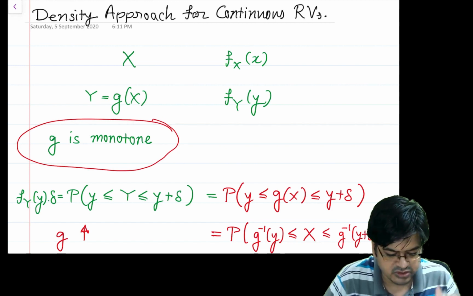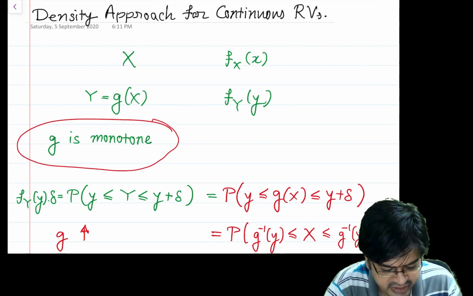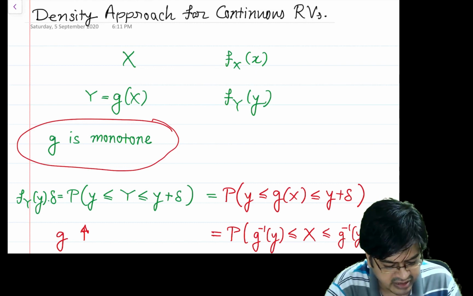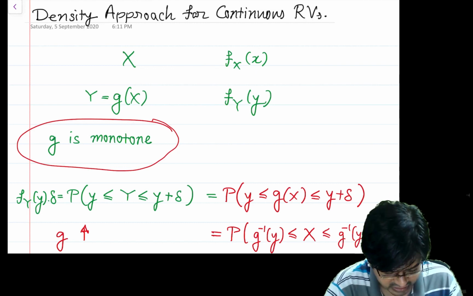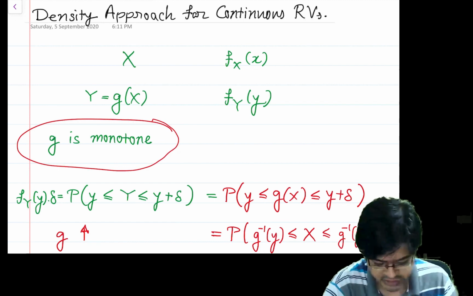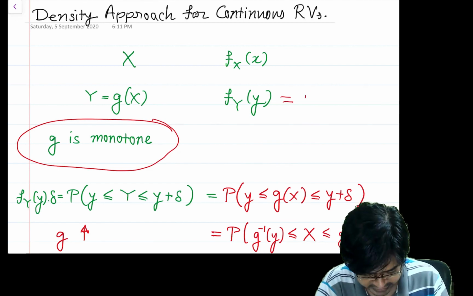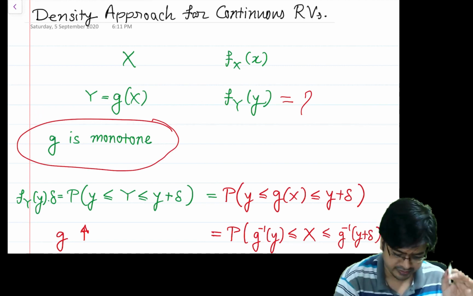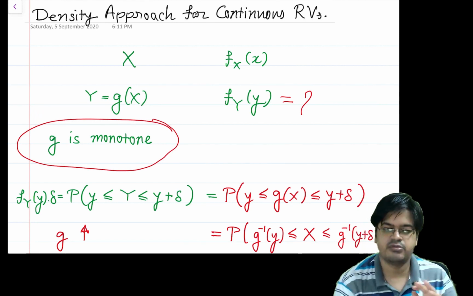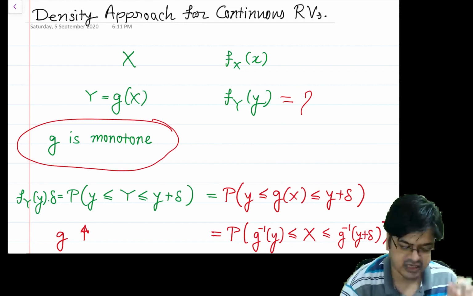Okay, so I have been given a random variable x with density fx(x). I am asked to find the density of random variable y, which is given by g of x. My question is, fy(y) is what? So g is monotone, so it will be either increasing or decreasing.